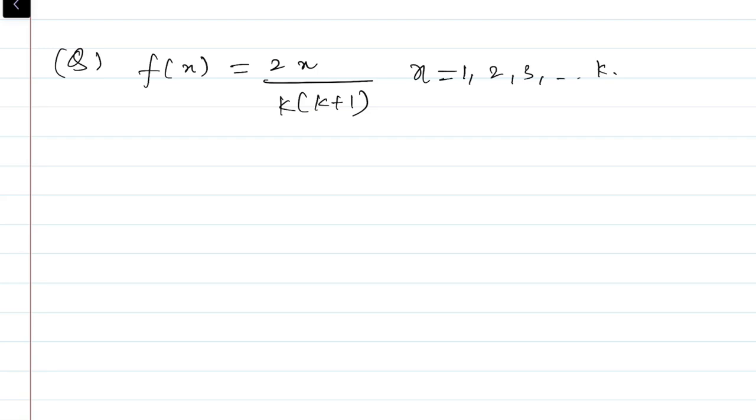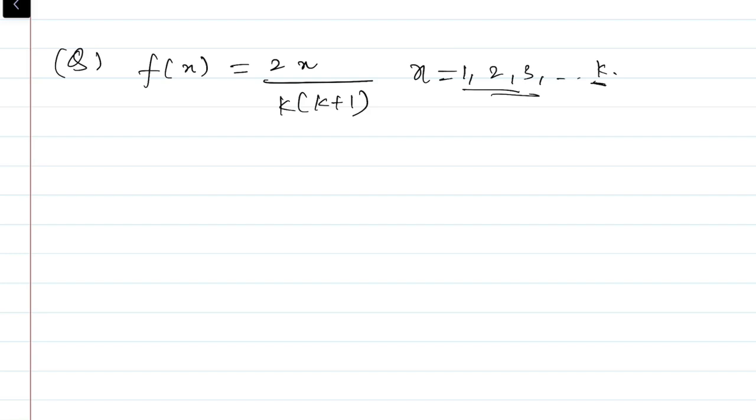So the first condition is the value of the function should be positive. When you put the value of x in this function, you'll see that the value is positive. k is a positive number, and all x values are positive. So the first condition is satisfied.